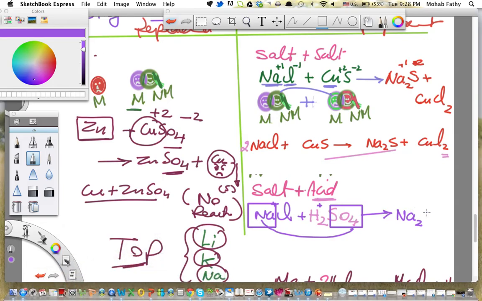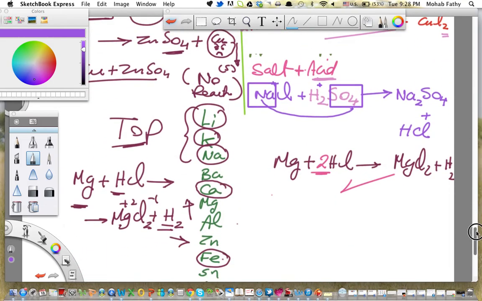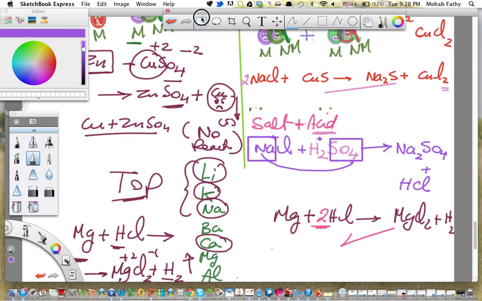SO4 is -2. Okay, so Na2SO4, and then plus. Don't make the same mistake with H another time. H and Cl cross out. HCl. Do the balance. I will write it in a good way because it's a mess.